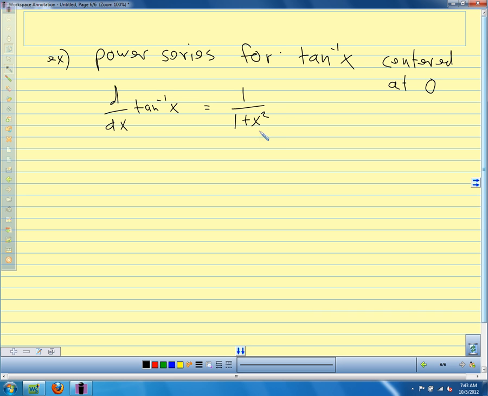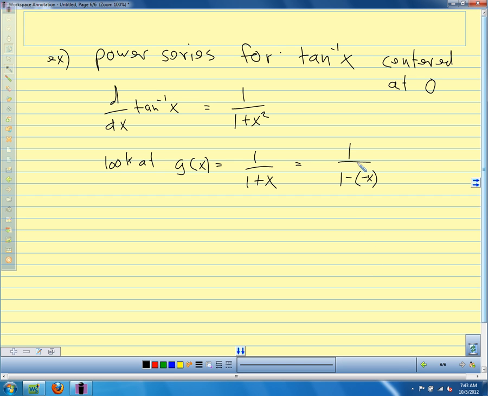So let's look at g of x equals 1 over 1 plus x, because we talked about operations with power series earlier. So if we find the representation for the power series for this, then we just substitute x squared for x, and we're set. So this is even closer to a geometric series. This is 1 over 1 minus negative x.